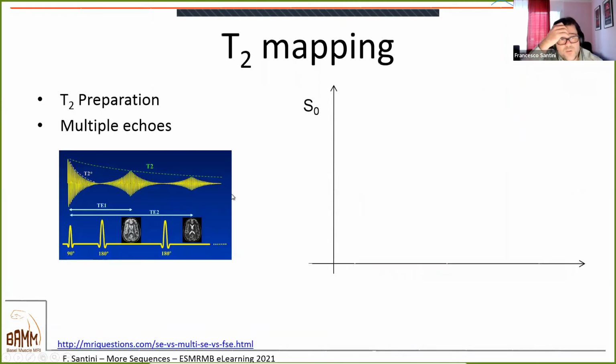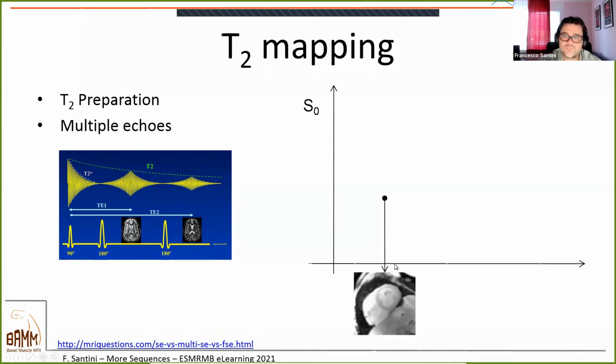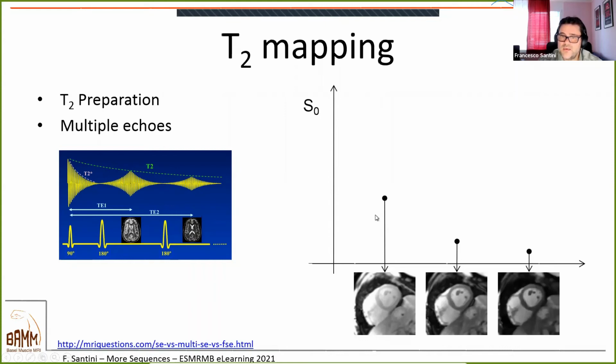You can do the same with T2. You know that different echoes in a spin echo sequence have a different contrast depending on T2. So we acquire one image with some echo time, and we obtain this kind of image. We get an image after a longer echo time, and we have an image that's more T2 weighted, and then again.